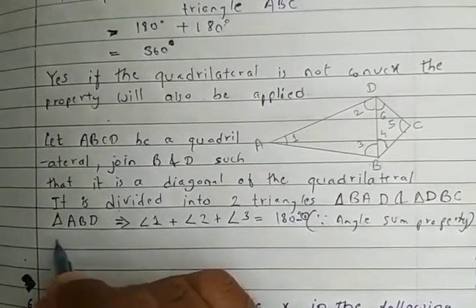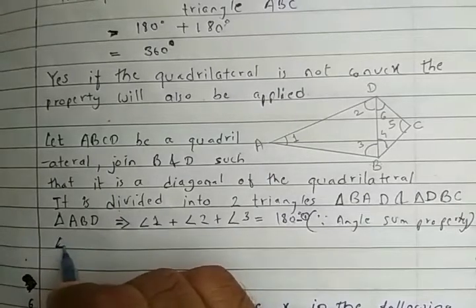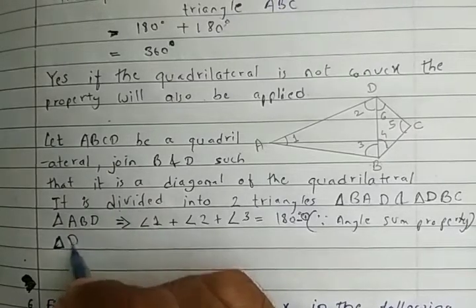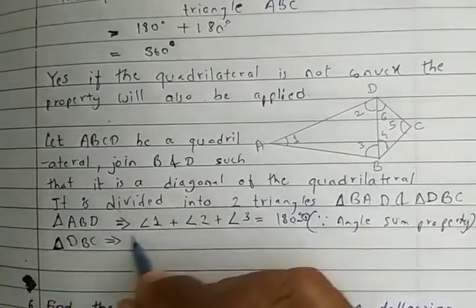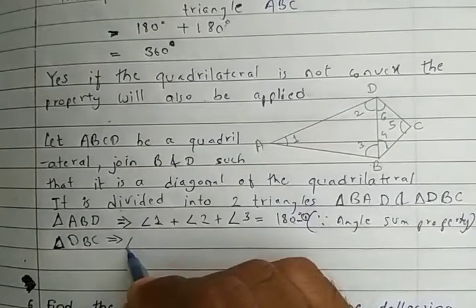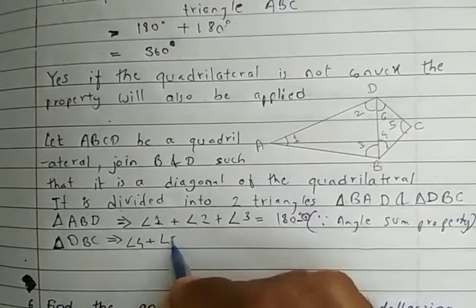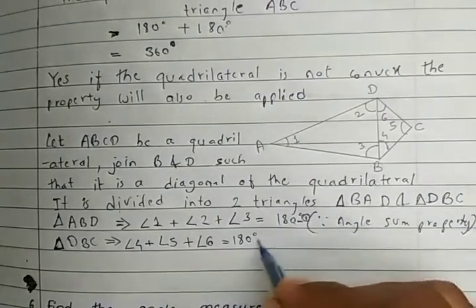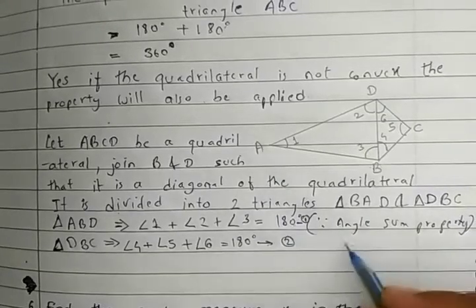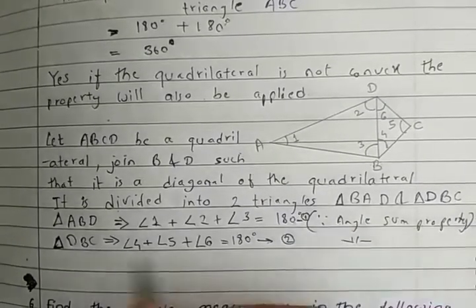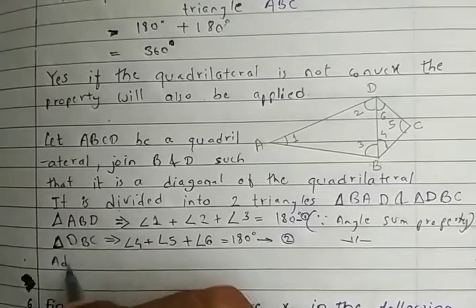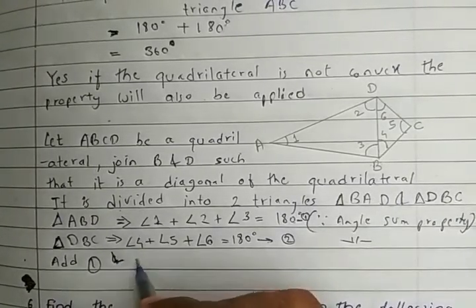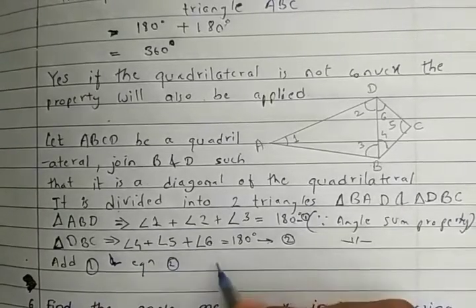Similar fashion, first start with the triangle DBC. In this triangle DBC, the angles are angle 4, angle 5 and angle 6. If you add all these three, the sum will be 180 degrees. Now if you add equation 1 and equation 2, what will we get?